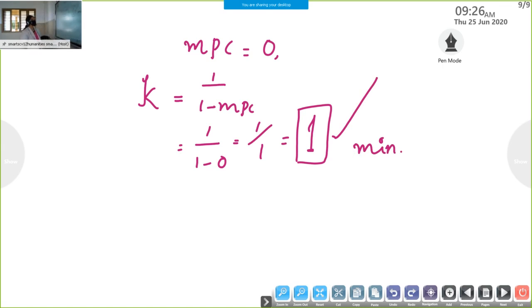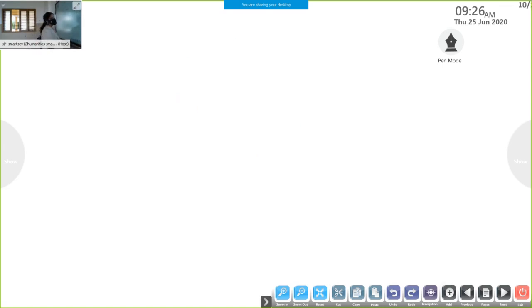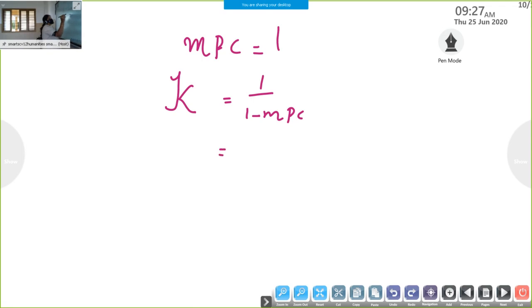Then we move to the maximum value. What is the maximum value of MPC? The maximum value of MPC, we know, is 1. So using the formula k is equal to 1 by 1 minus MPC, we substitute 1 by 1 minus 1, that is 1 by 0. 1 by 0 is infinity.